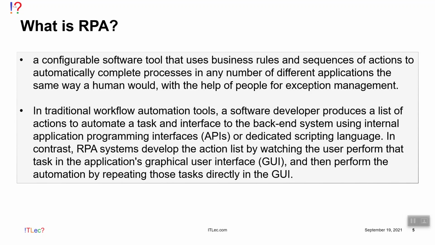For example, in traditional workflow automation tools, we integrated with other software by invoking its API. But in RPA, it will mimic the user and use the GUI to perform the automation by repeating those tasks directly in the GUI.